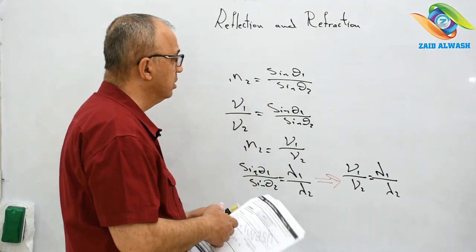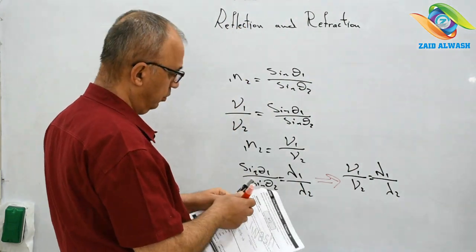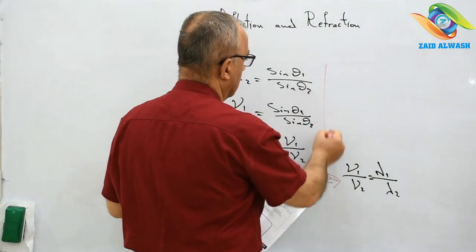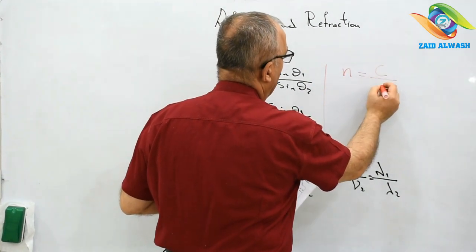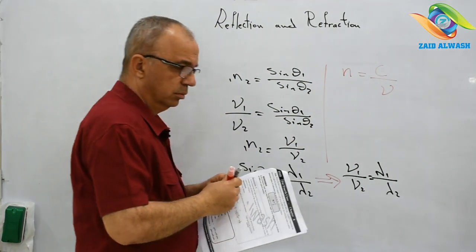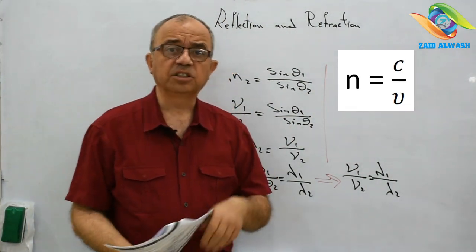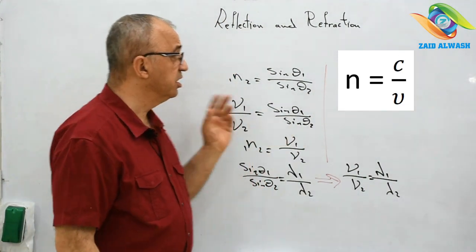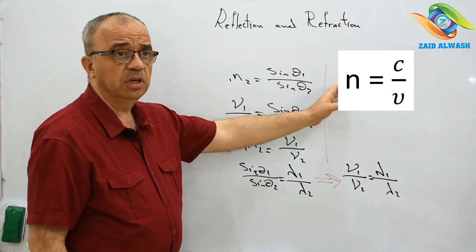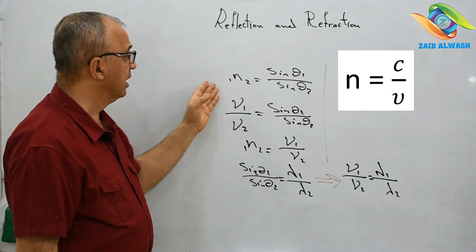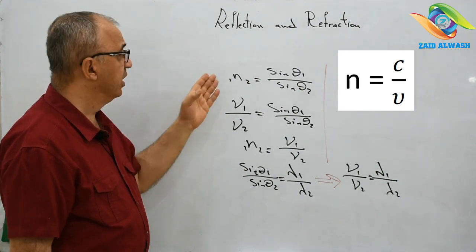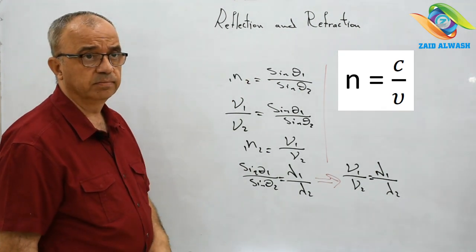It's equal to N equals C over V. Someone asked me, what is the difference between the absolute index of refraction and the relative index of refraction?